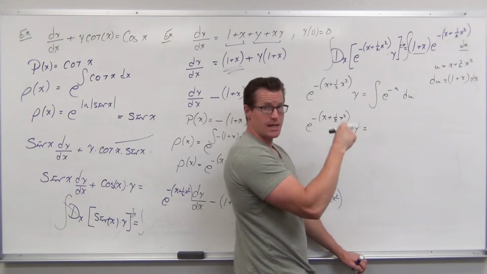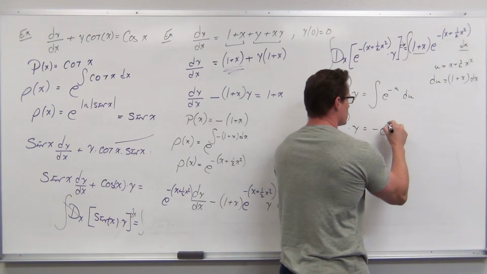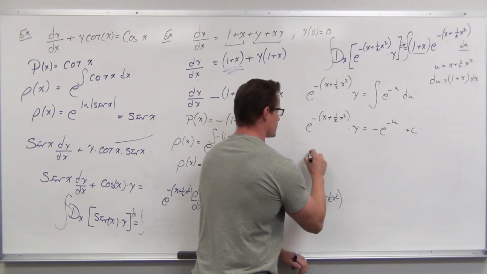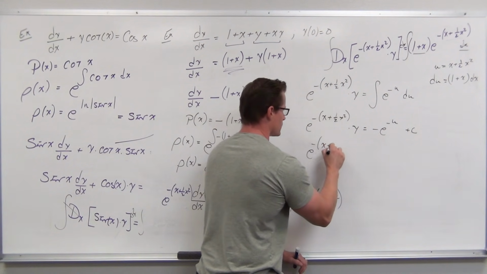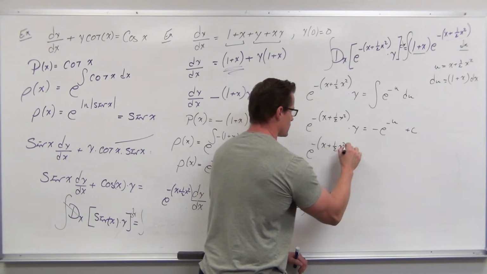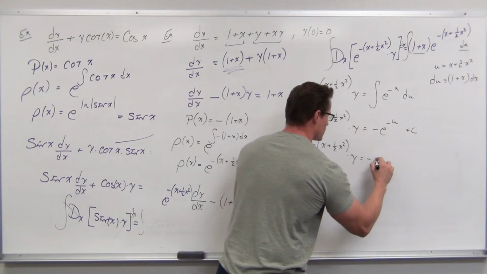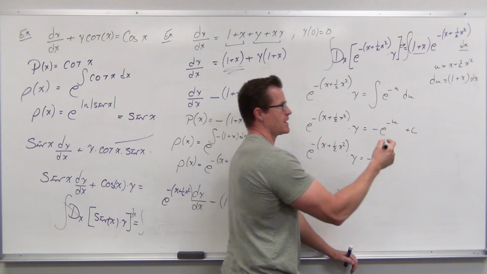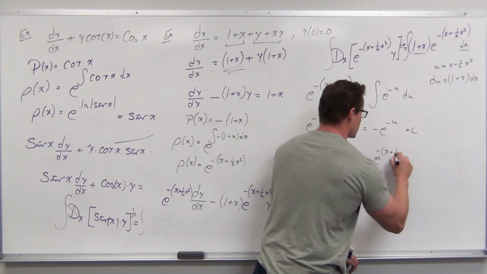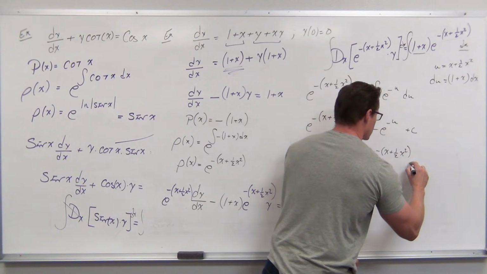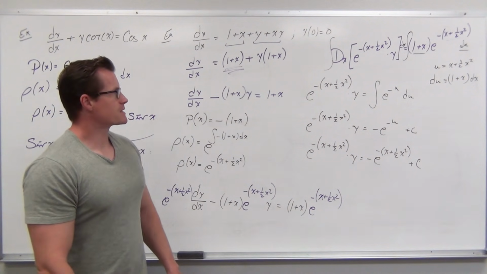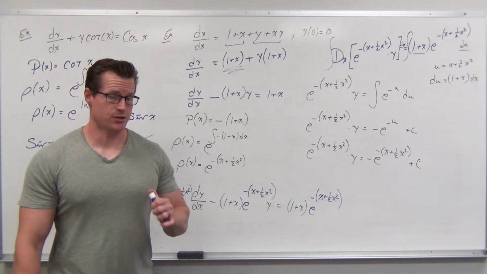Right-hand side, we get negative e to the negative u plus c, but we know what u is. Negative, exact same exponent. This is the time where you would want to find your c.